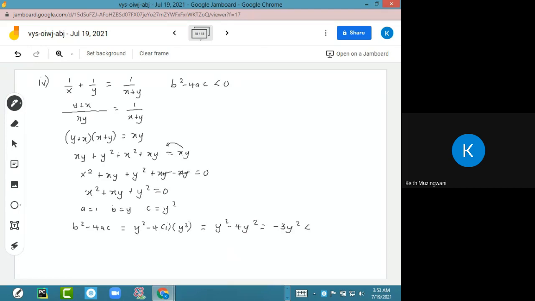But this will be less than 0 for all values of x and y. Any value of y you take, you will square it first before you multiply by the negative. So it will always be negative, meaning that there will be no real value of x for which that is going to be true. So the discriminant is negative, which only happens when you have complex roots.